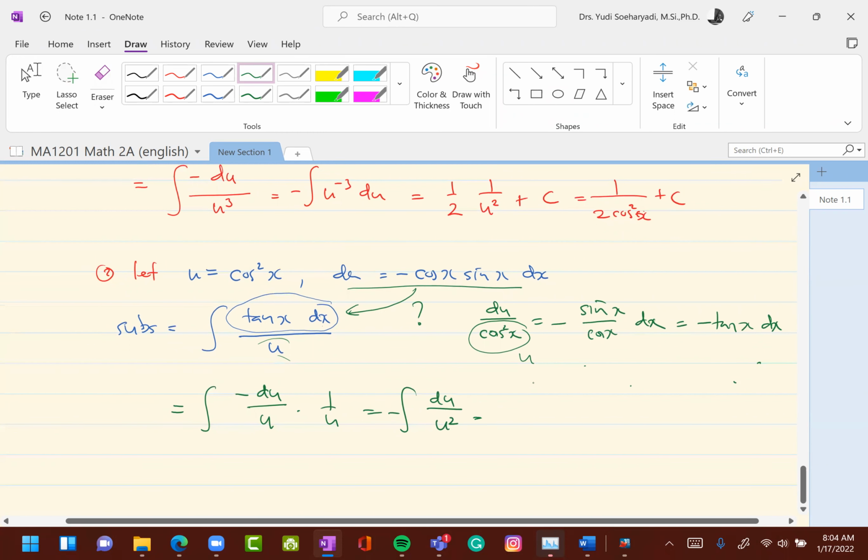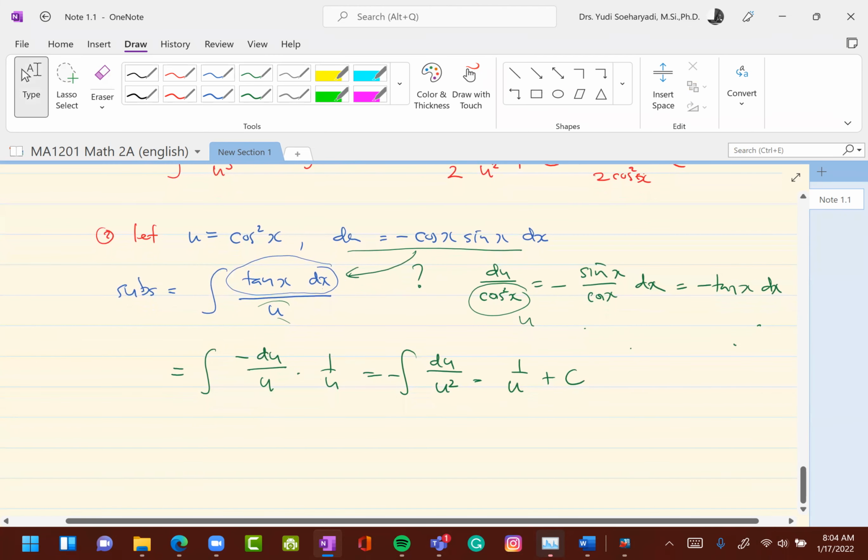This gives you just 1 over u, and 1 over u is 1 over cosine squared x.